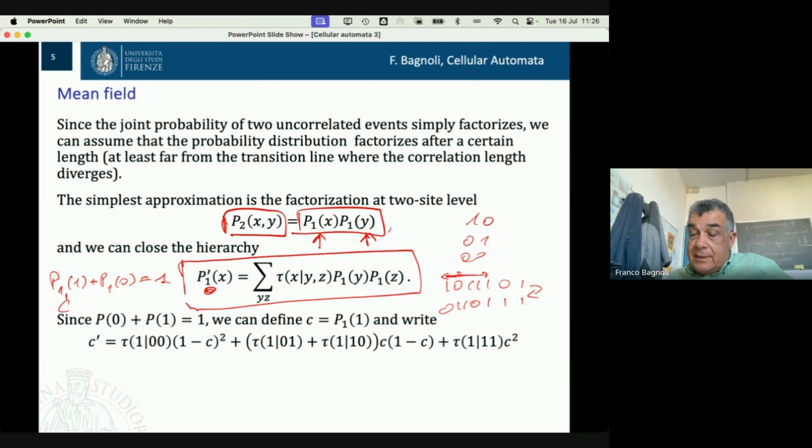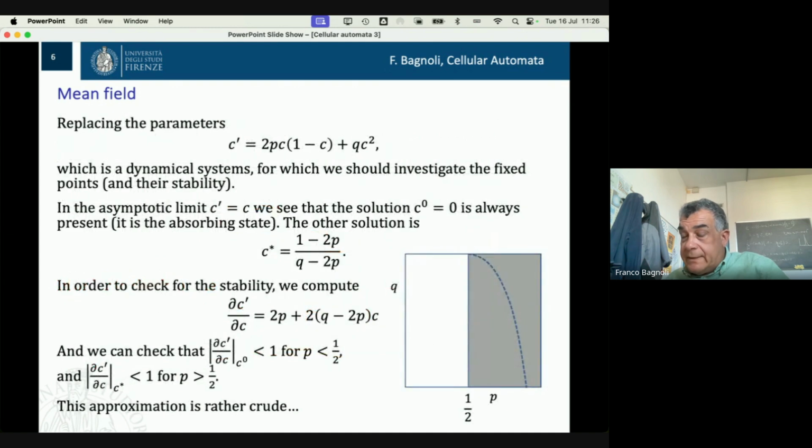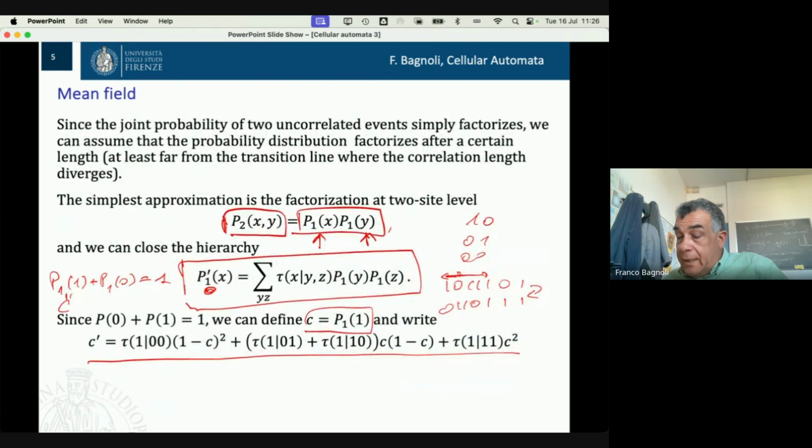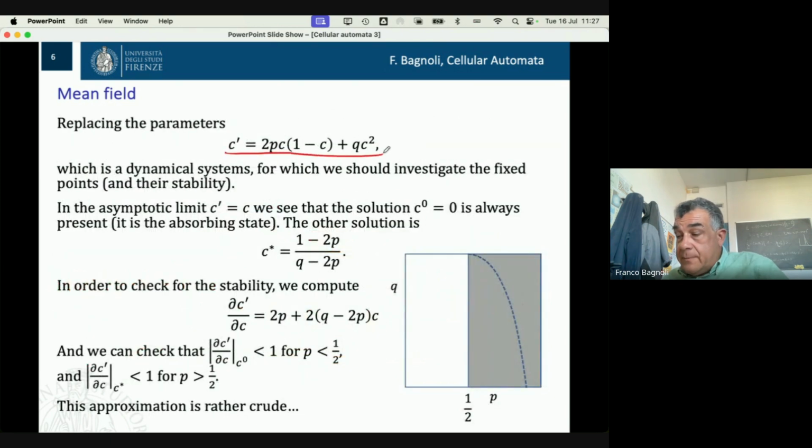I may call C equal to P1, and we can get this for a system like the Domany-Kinzel model. For instance, if we now put this equal to 0, so this I can throw away. These two are equal, so they are 2p, and this is q. We see that we get this equation, which is now a dynamical system.